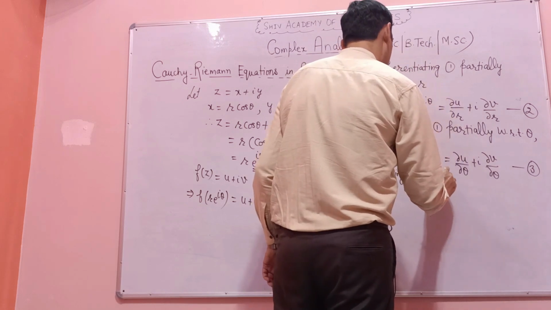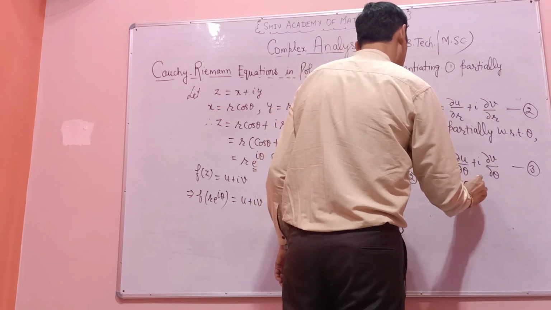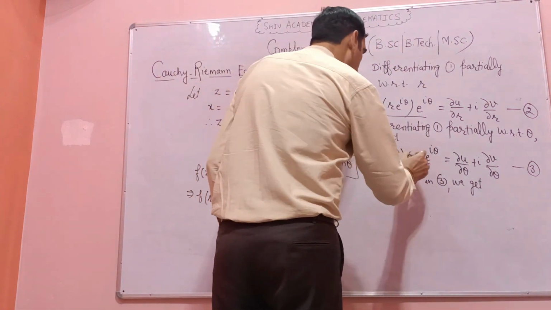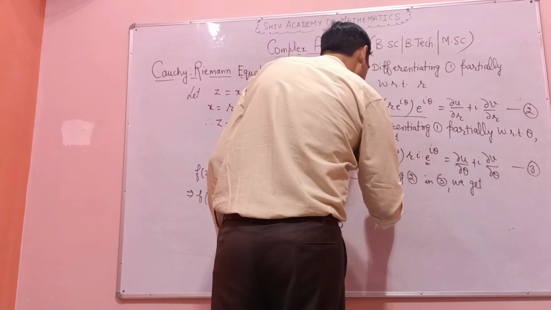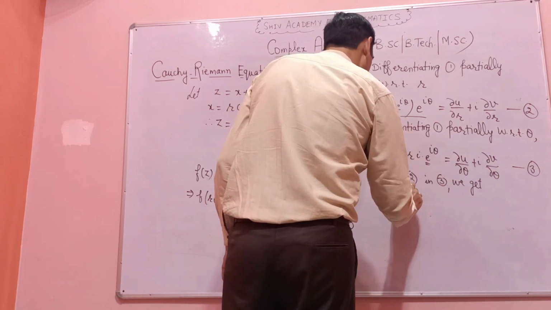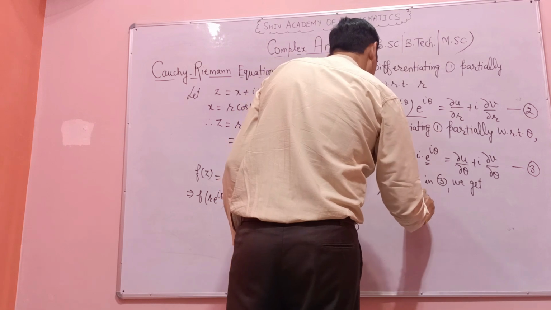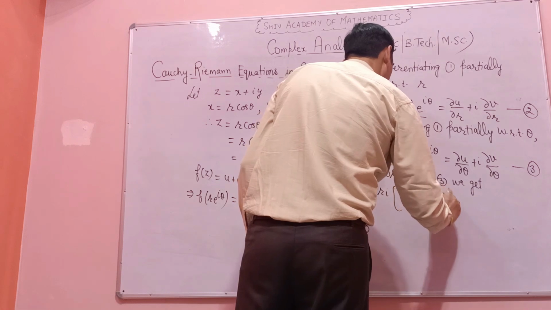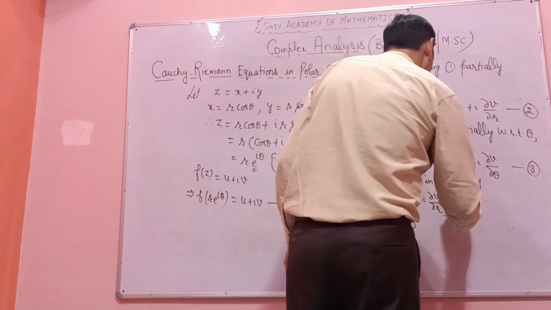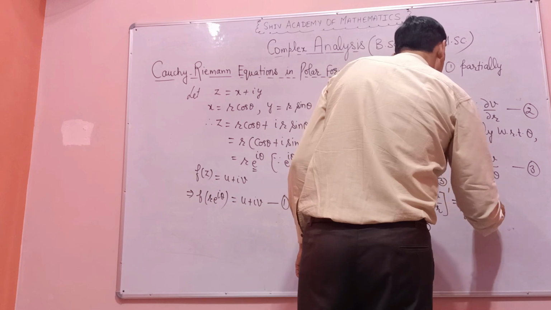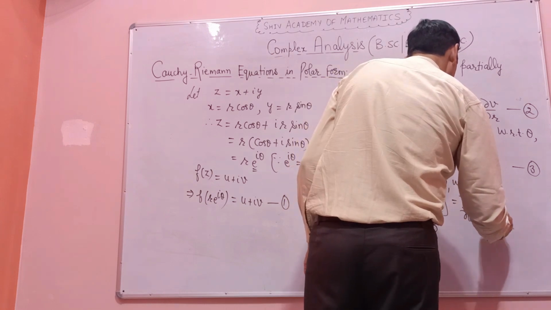In 3 we get, so when we substitute, r iota as it is, and the right side is ∂u/∂r plus iota ∂v/∂r is equal to ∂u/∂θ plus iota ∂v/∂θ.